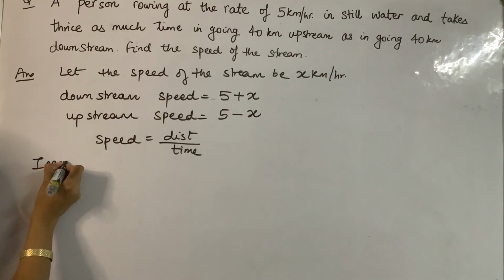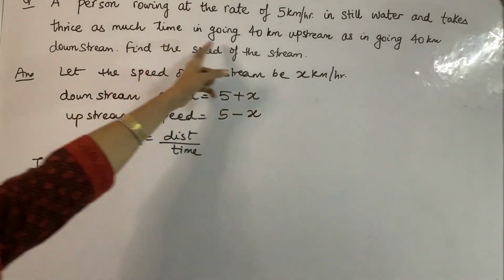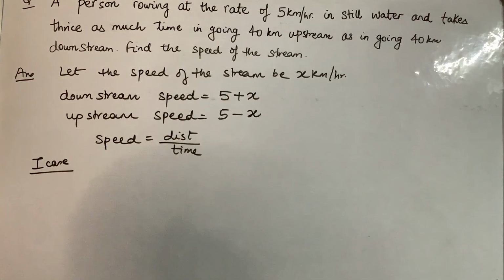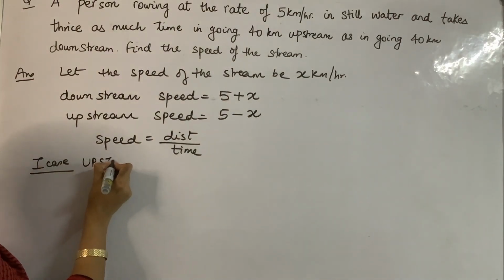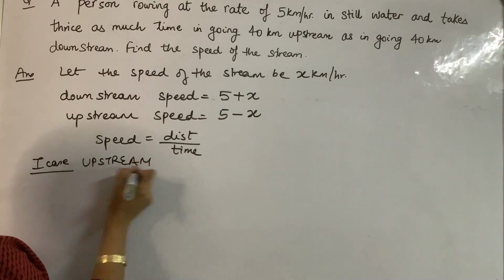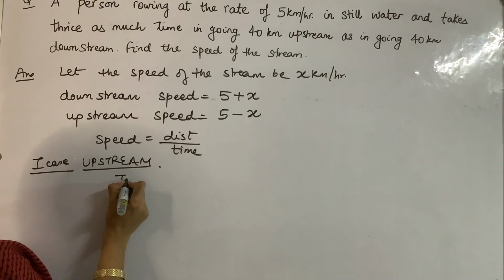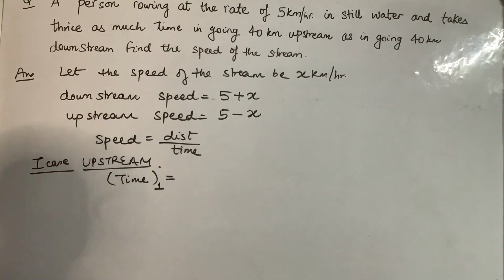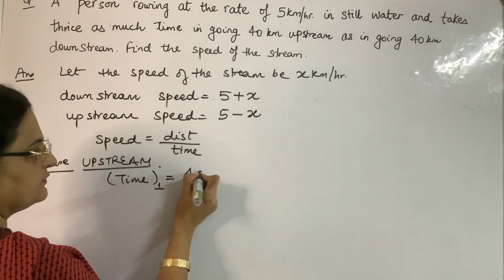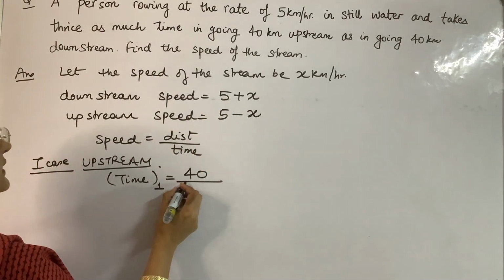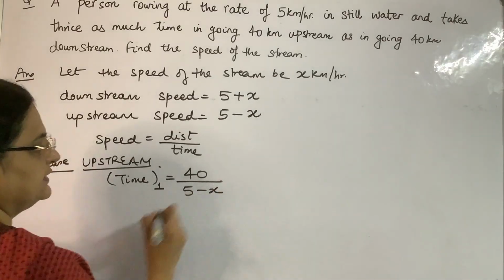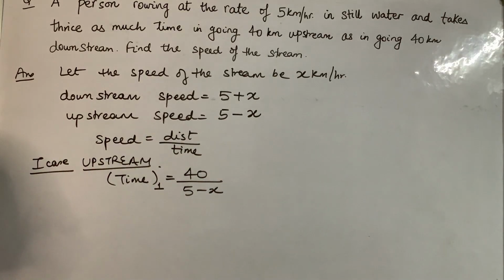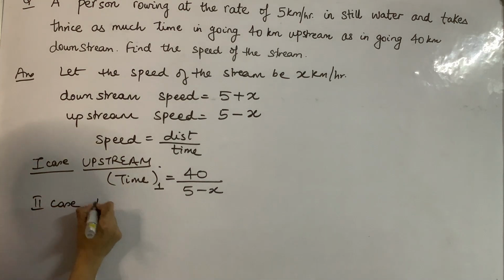Now in the first case, when he is moving upstream, time will be equal to, let me say this is the first time, distance upon speed. What is the distance? 40. What is the speed? 5 minus x. Agreed? Now second case, downstream.